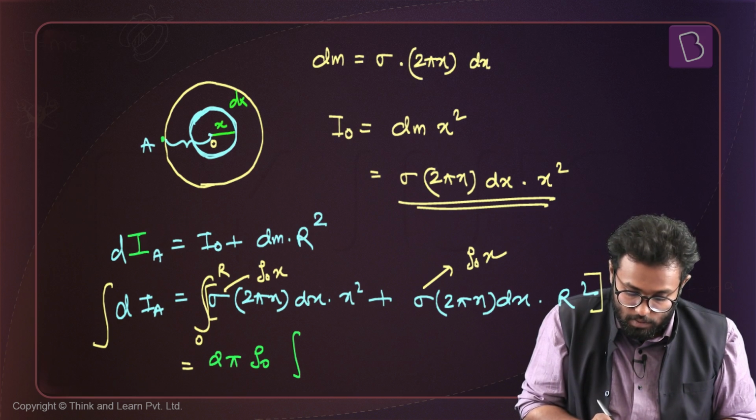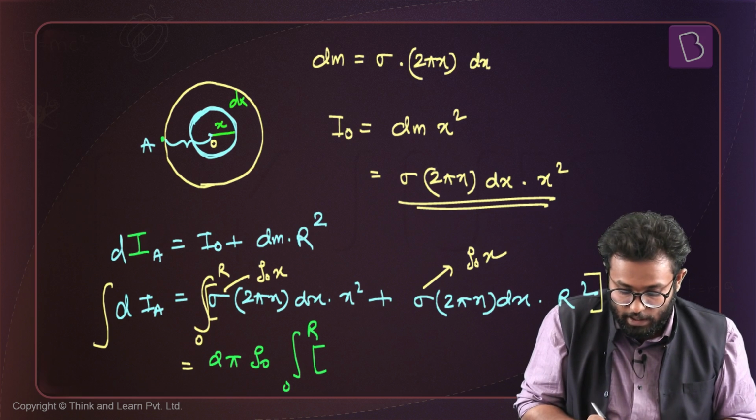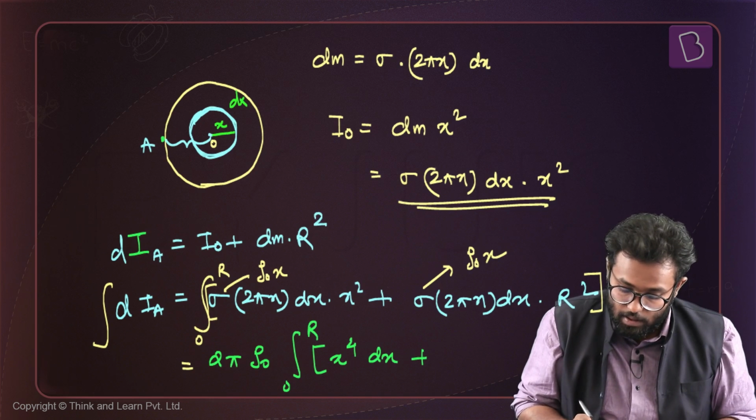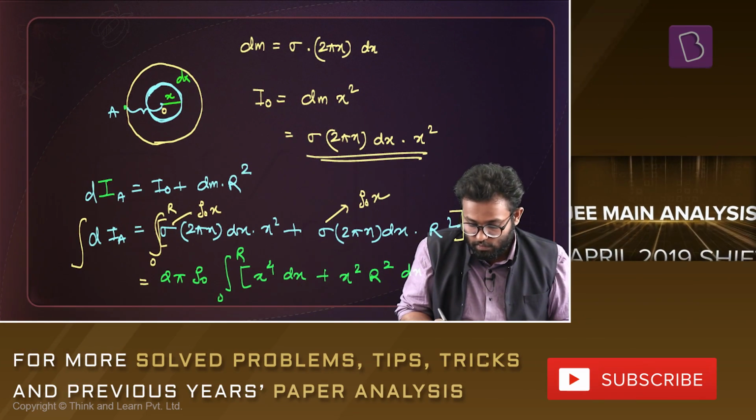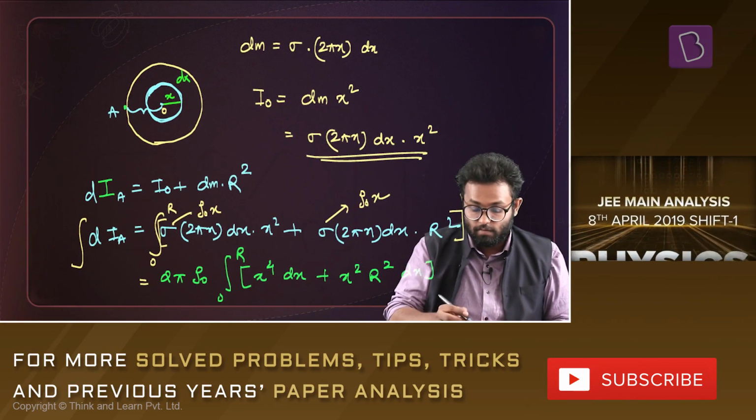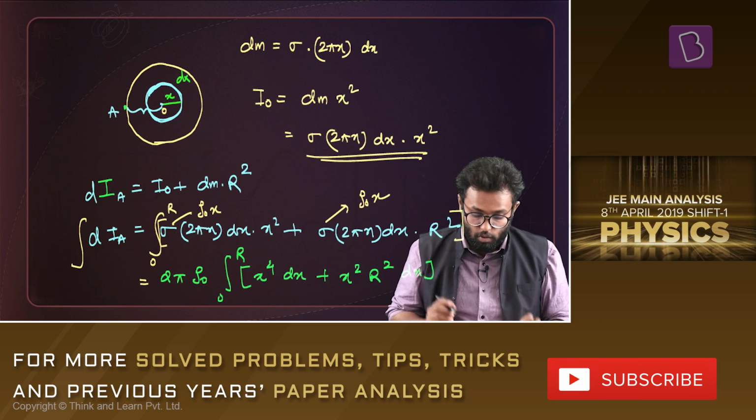So what do I get here? Integration from 0 to R of x to the power of 4 dx plus x squared times R squared dx. That's what I have to integrate. Now what does this become?